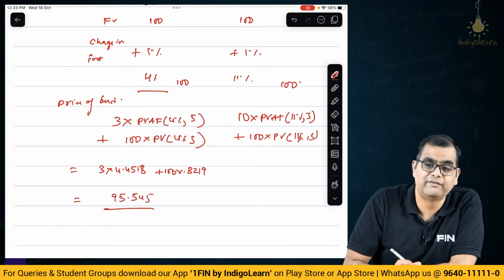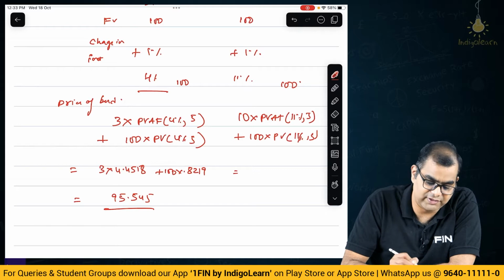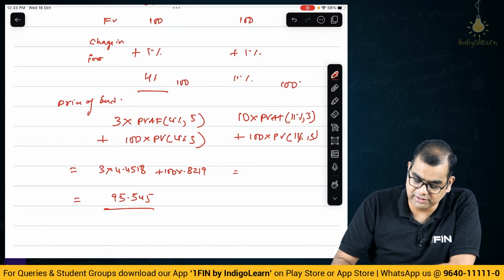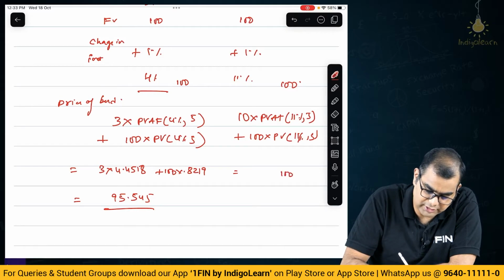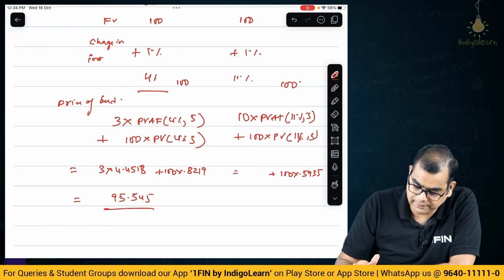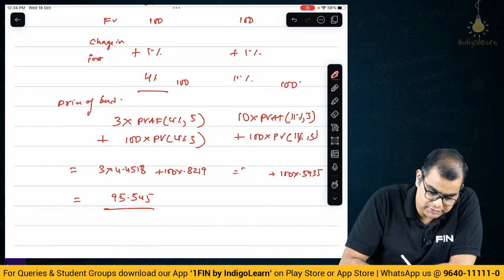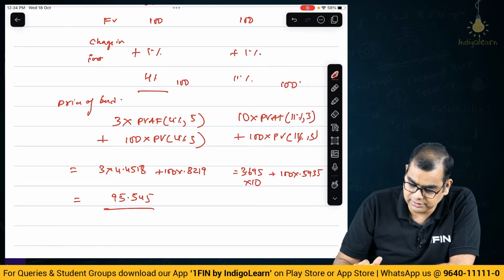Whereas, if you do the same thing for 5 years pricing at 11%, 1 by 1.11 is 0.909, for 5 years: 1, 2, 3, 4, 5. So, this will be 100 into 0.5935 plus 3.695 into 10, plus 59.35.